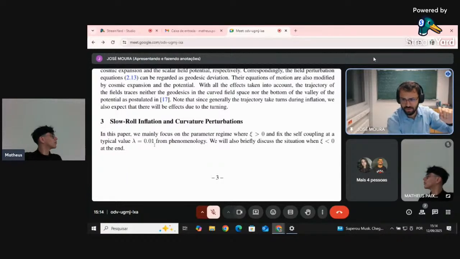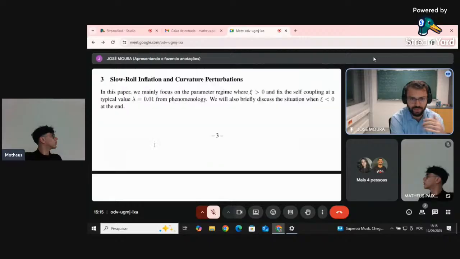But when you introduce a new scalar field, you can make it stable. There are other papers that study this specific thing, but that's another motivation for introducing this new degree of freedom.